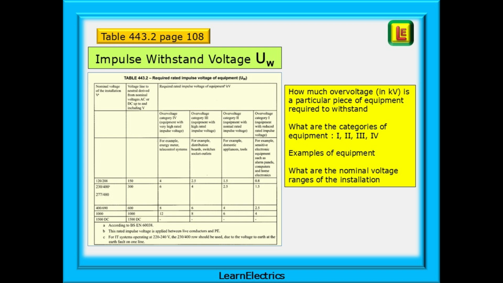The table shows us how much overvoltage in kilovolts that a particular piece of equipment is required to withstand. It shows the different categories of equipment, 1, 2, 3 and 4, and examples of equipment in those categories, and shows the nominal voltage ranges of different installations.